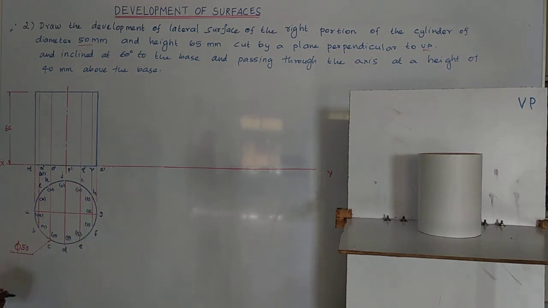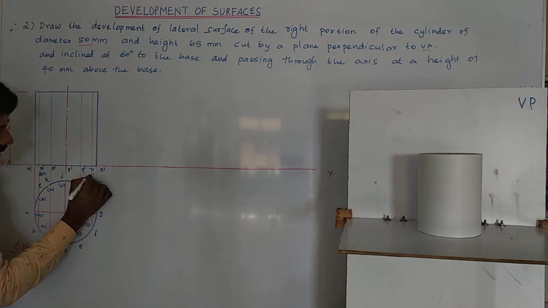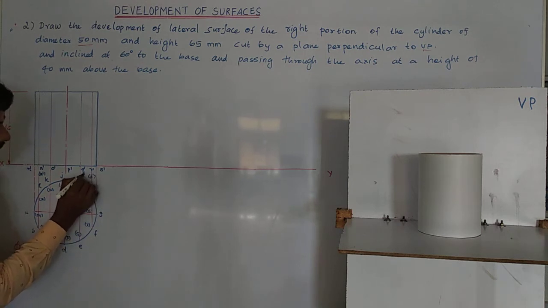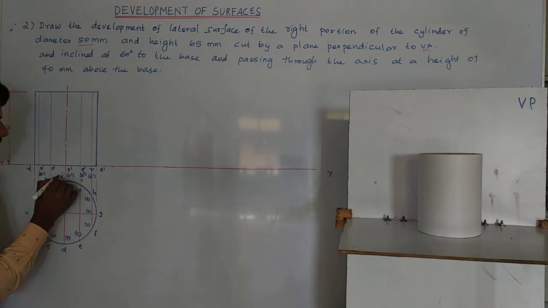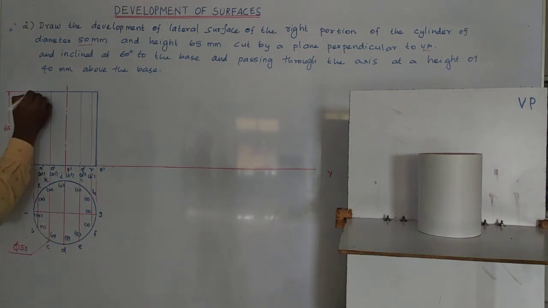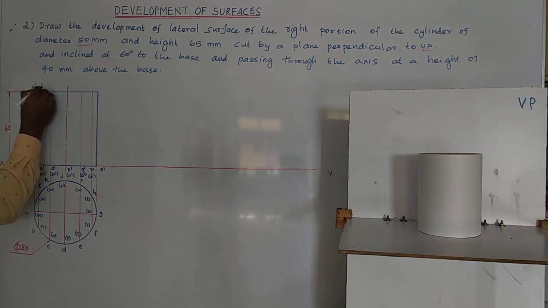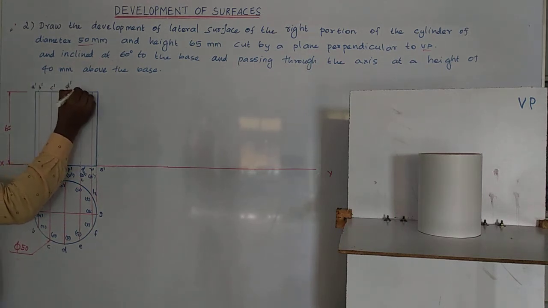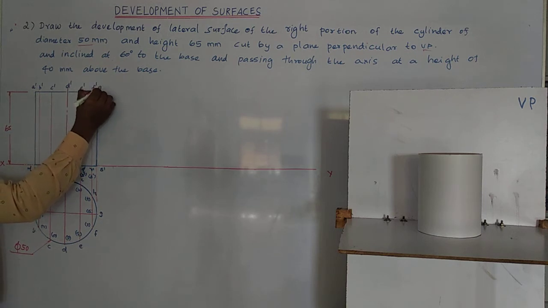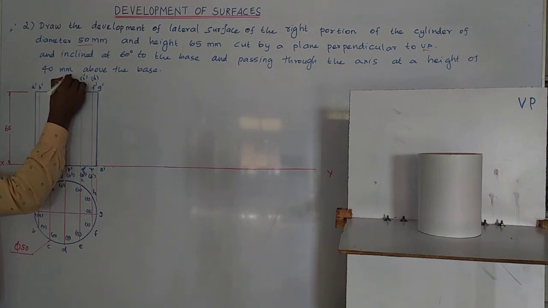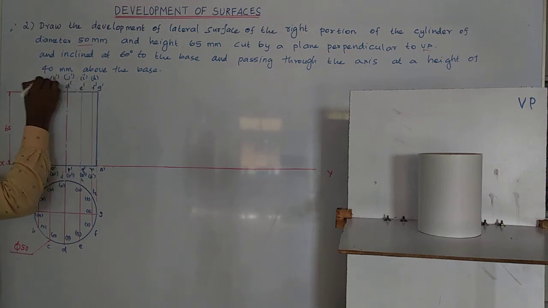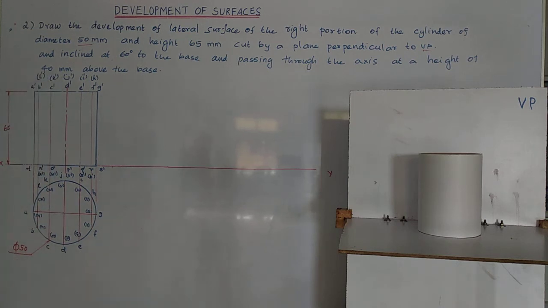Then after that T dash. So at the top here A dash, B dash, C dash, then H dash. So I mark the top and front views.